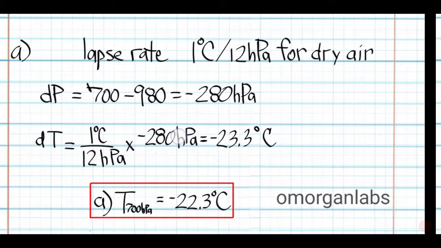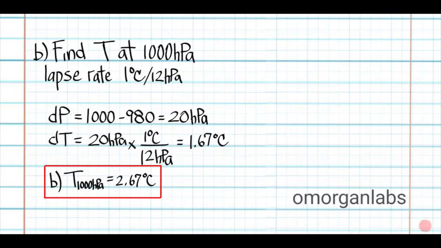Now for B. B is going to be very similar. Since it's adiabatic, unsaturated dry air, you just keep using the lapse rate. Okay? This is just a simple problem so you can understand the more complex stuff. Alright, so now we're going to find the temperature at 1000 hectopascals. Our lapse rate is 1 degree per 12 hectopascals.